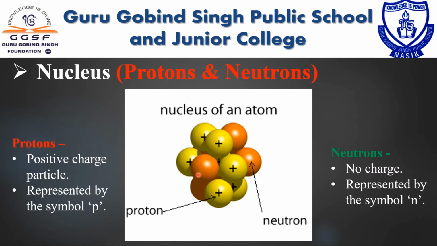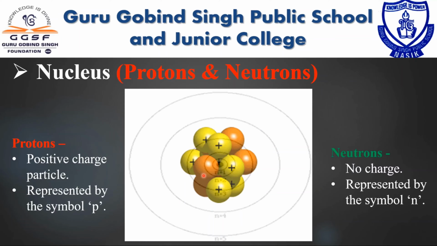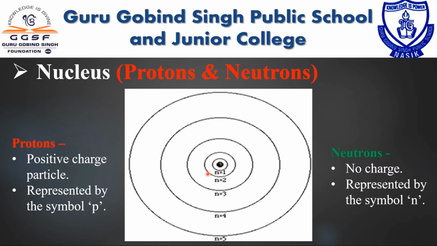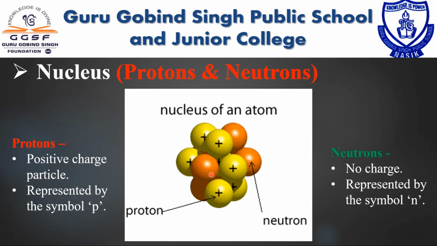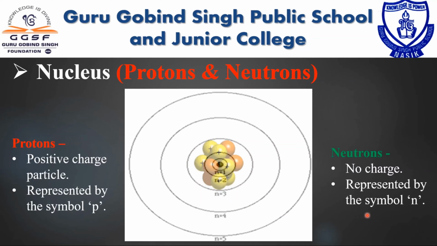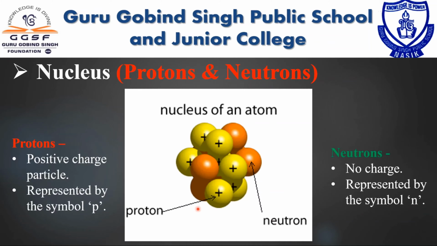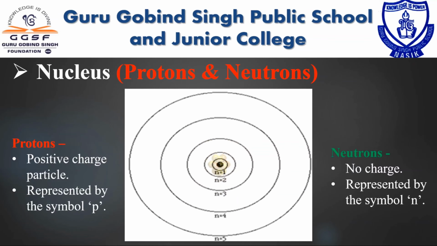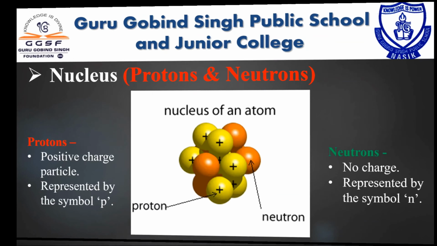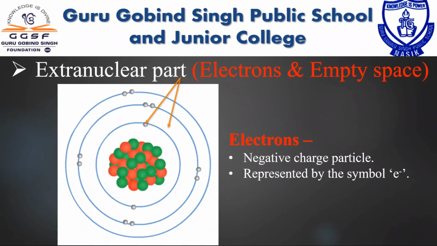Neutron. A neutron is an electrically neutral subatomic particle, meaning it carries no charge, and it is denoted by the symbol small n. The number of neutrons in the nucleus is denoted by capital N. Let's discuss the extranuclear part.